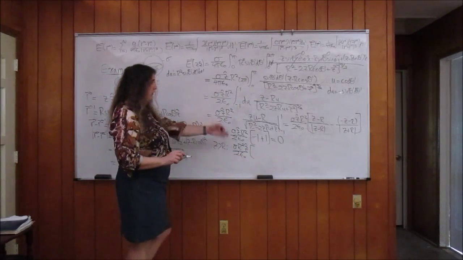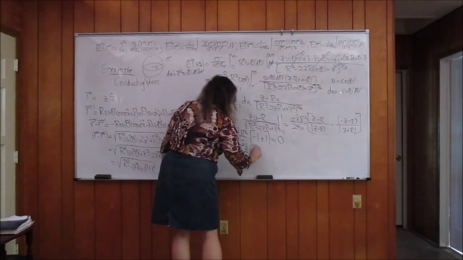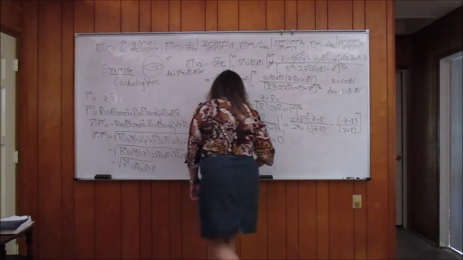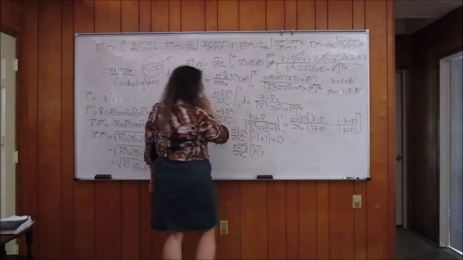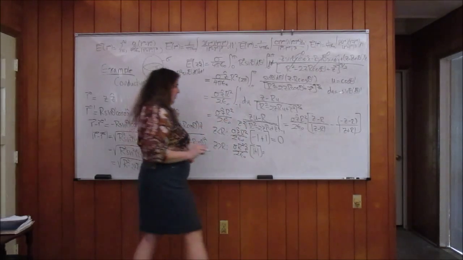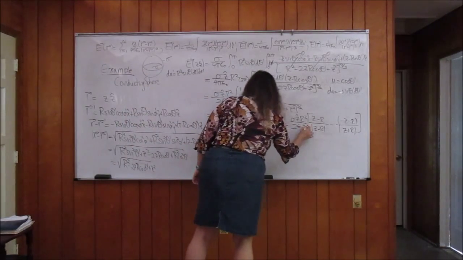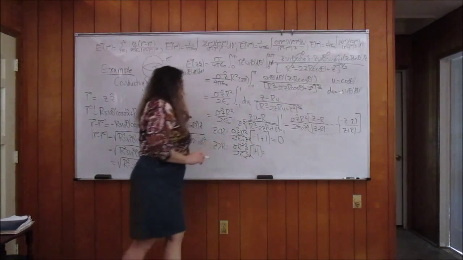If z is greater than r, this is just going to be 1 plus 1, which is equal to 2. Well, that 2 cancels this one, and I actually left off one factor here. There should be a z squared in the denominator here as well. So let me just write that in before I go any further. Okay?